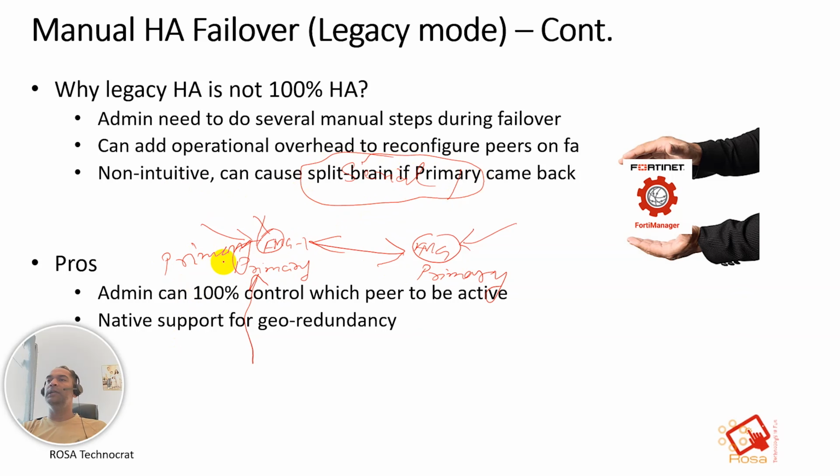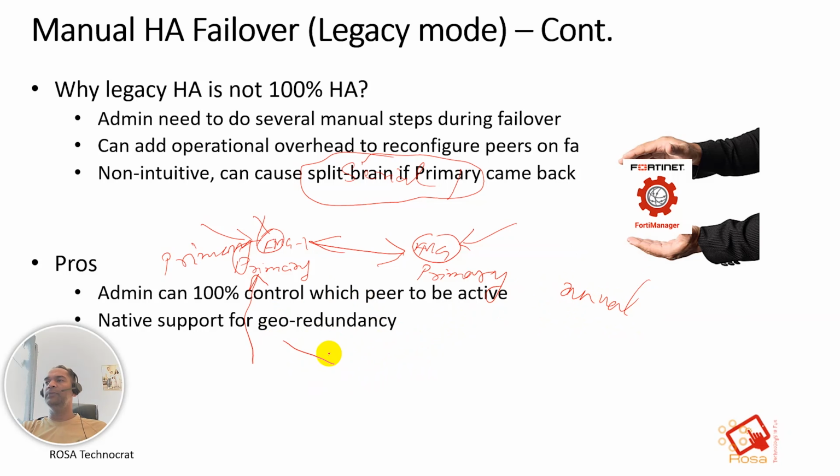Now what are the pros? The admin has 100% control over which peer is active. Of course, even in VRRP we will be able to control, but here it is 100% control because we are doing the changes manually.